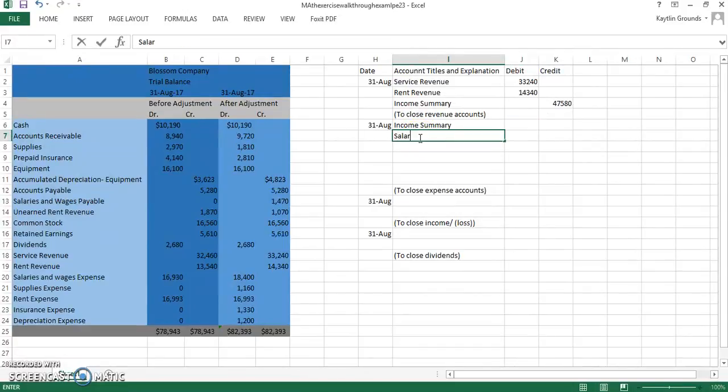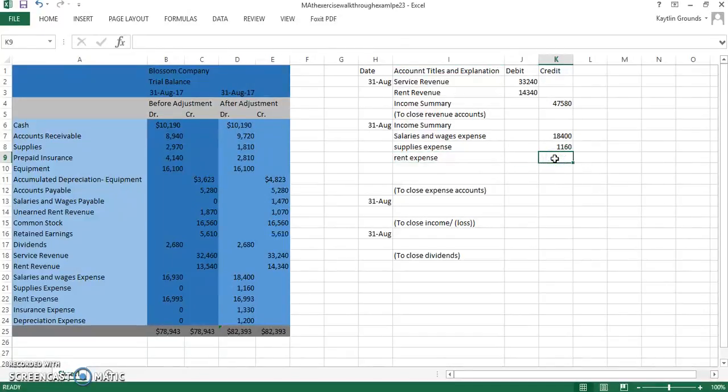So we're going to do our salaries and wages expense. We're going to credit that $18,400. Next is supplies expense. Credit that $1,160. Next is rent expense.